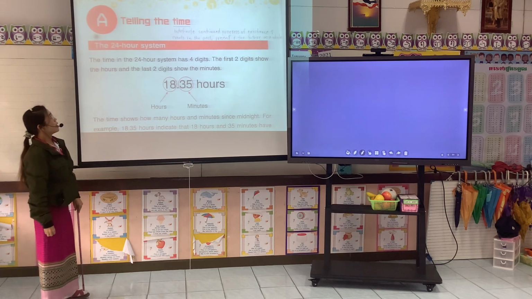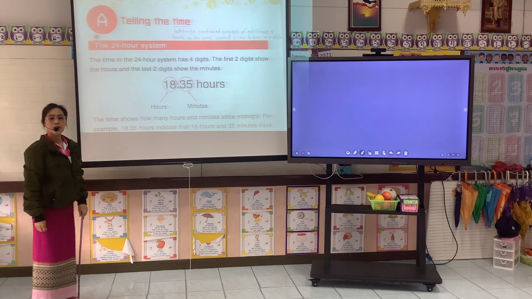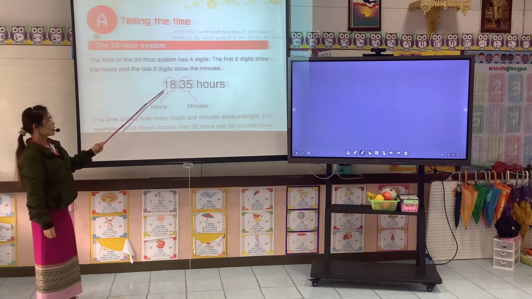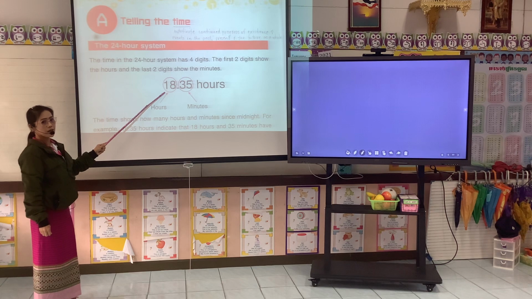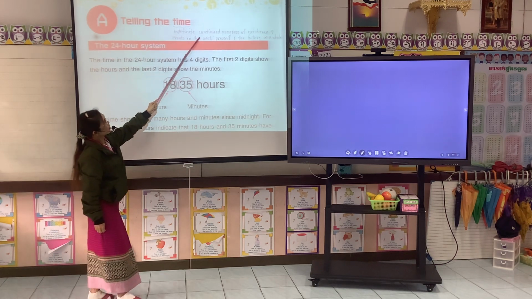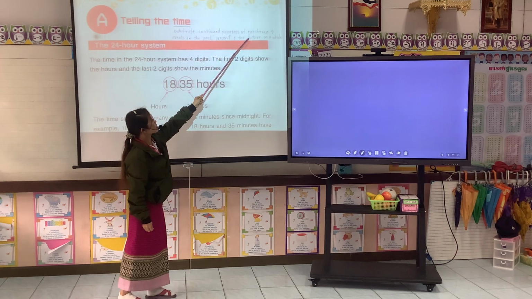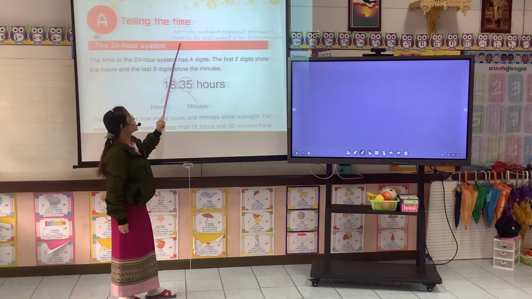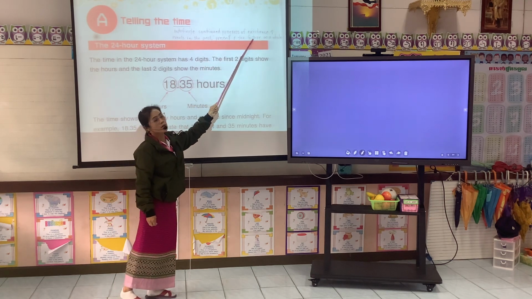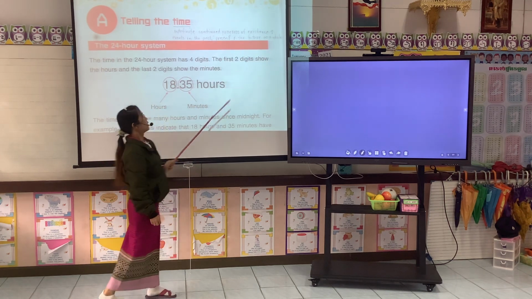Telling the time includes reading and writing the time in Hindu-Arabic numerals. Time is the indefinite continued progress of existence of events in the past, present, and the future as a whole.